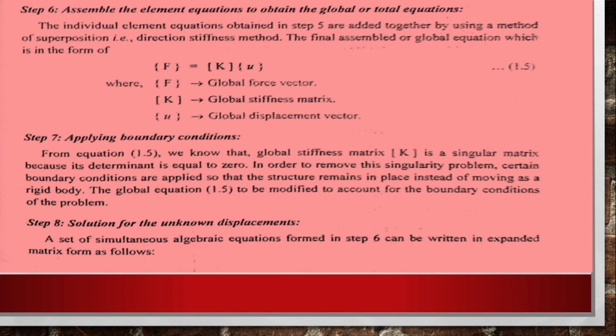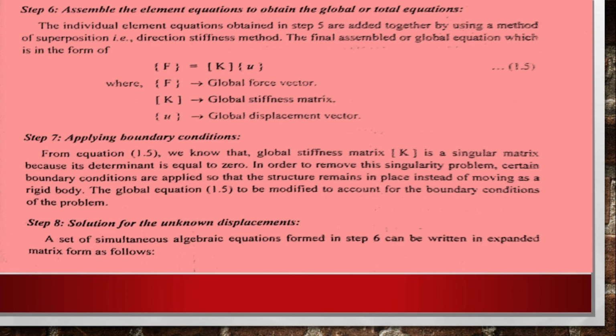So, in order to remove this singularity problem, the boundary conditions are applied so that the structure remains in place instead of moving as a rigid body. So, the global equation has to be modified for the boundary conditions of this problem.